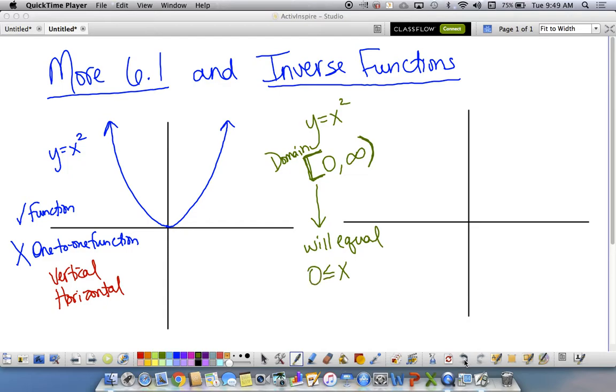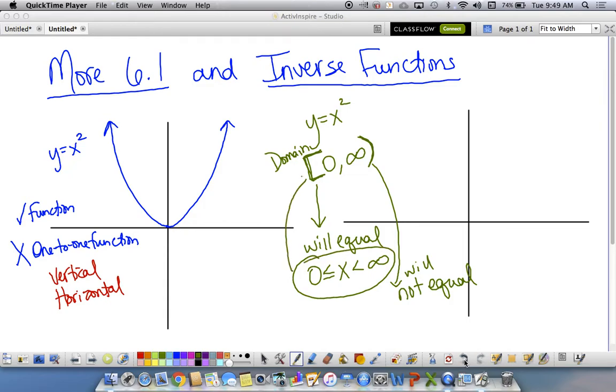When there's a parentheses, that means it will not equal. So I can put x to be less than infinity. This is another way to write the exact same thing.